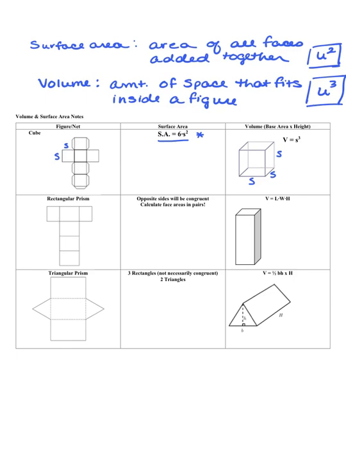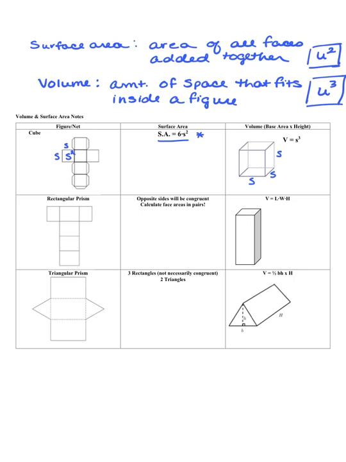Well, one of these faces would have an area of S squared. And since they're all the same size, I can just take the area of one of them and multiply it by the total number of sides, which is 6. And so that's where the 6S squared comes from. Side times side for the area of one of the faces times 6 because there are 6 of them.